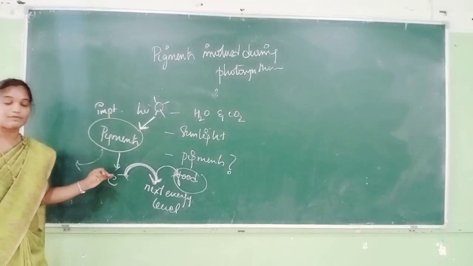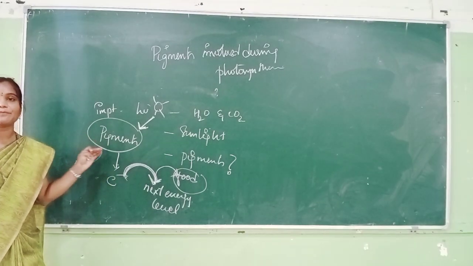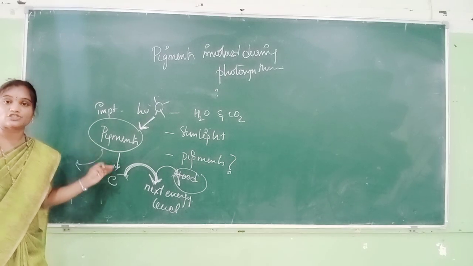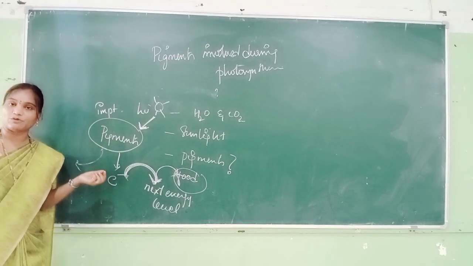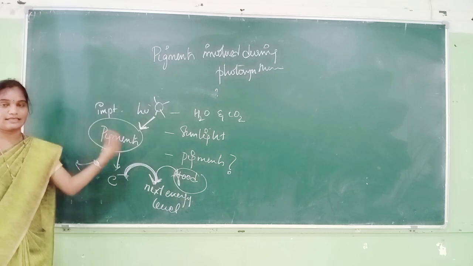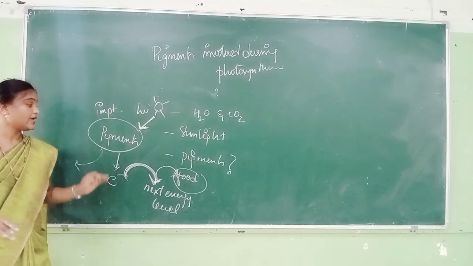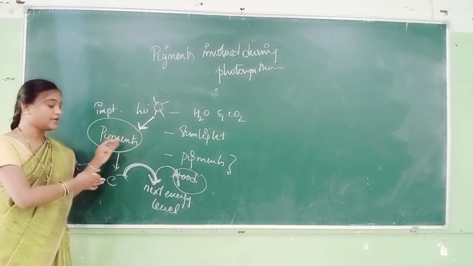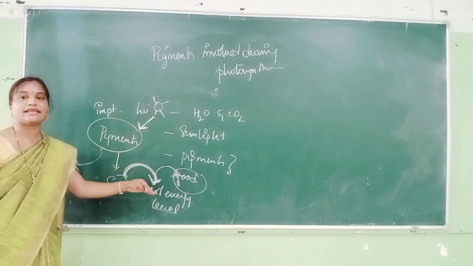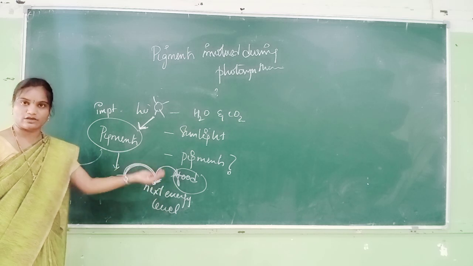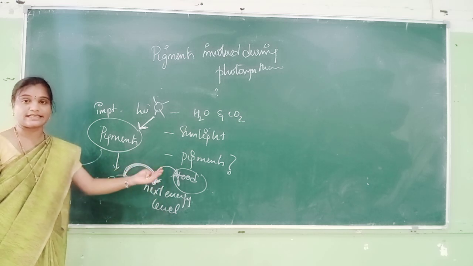See, once again I am repeating, pigments. What is the importance of pigments? Pigments generally absorb a certain amount of light and reflect the others that they don't need, and during this absorption of light, electrons from the ground state will jump into the next energy level, that is, to the high energy excited level.